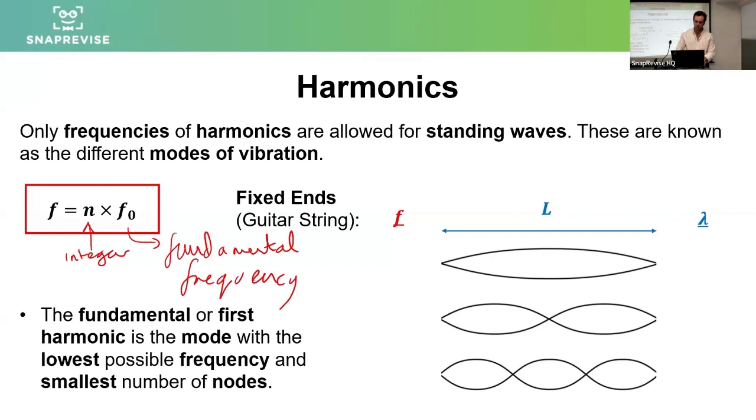Okay, so if I've got a guitar string with fixed ends, the fundamental or first harmonic is the mode where the full length of the string is used for half a wavelength. You can see, if I were to extend this wave pattern, it would continue for another length. So this is 1/2 wavelength.